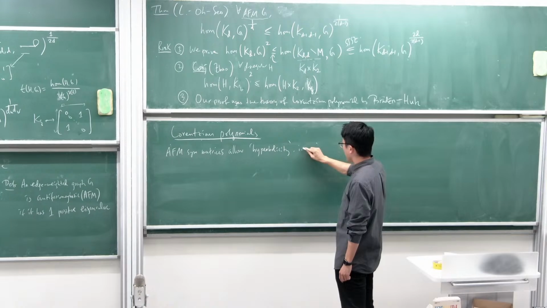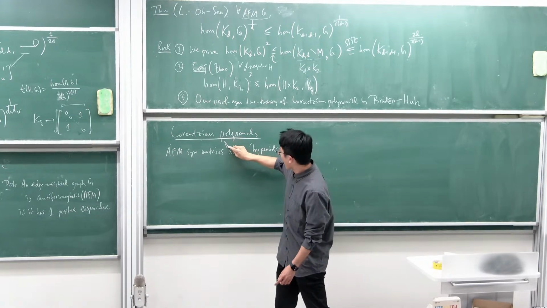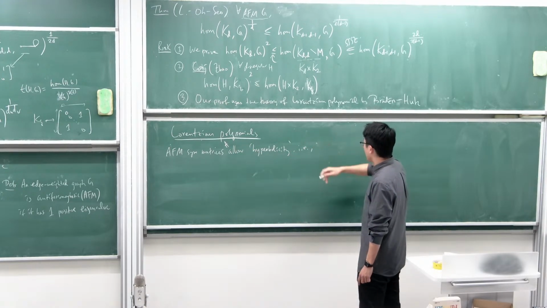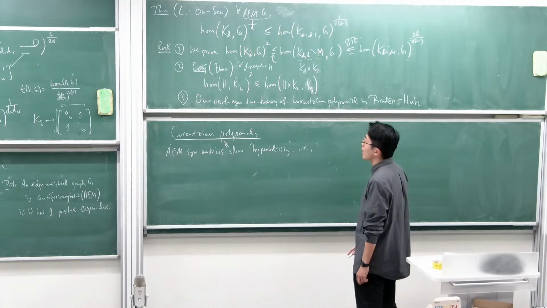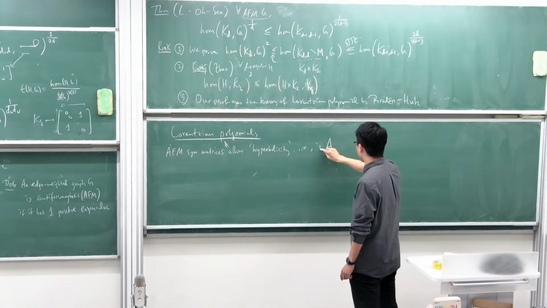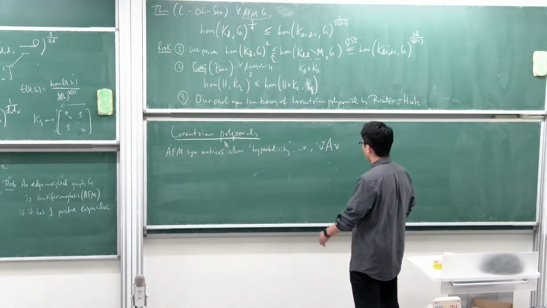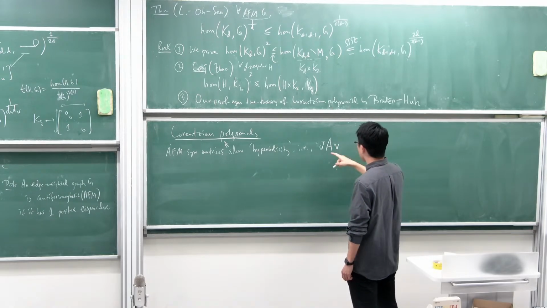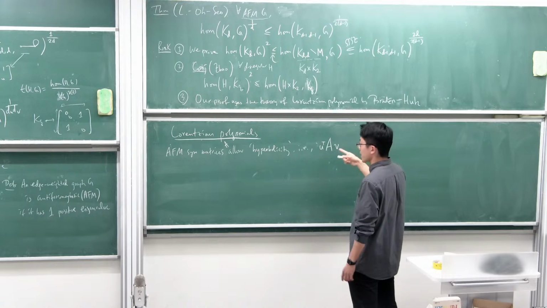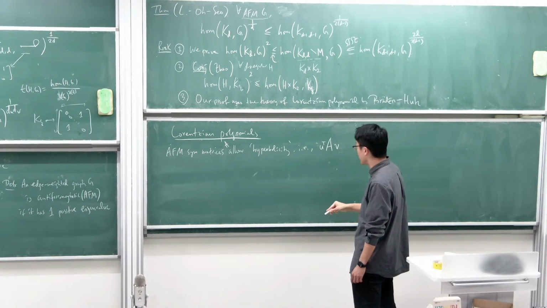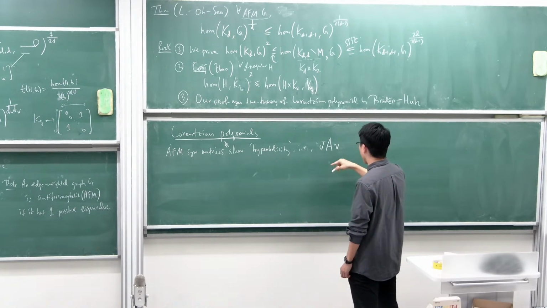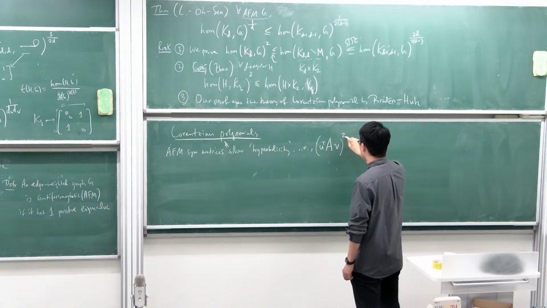Let's say A is a matrix, and then you have a hyperbolic sort of inequality. You put u transpose A v, which is basically a quadratic form that comes from A, and then you square this.